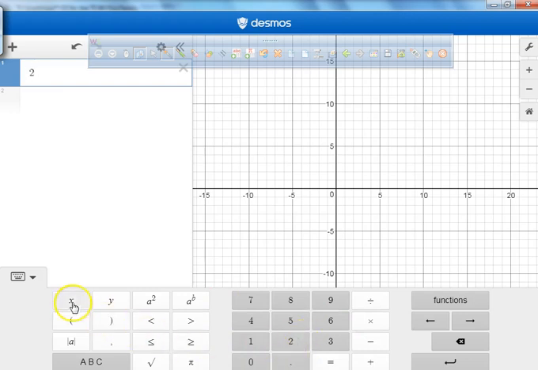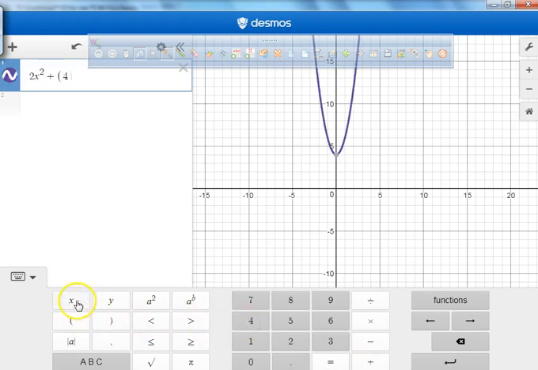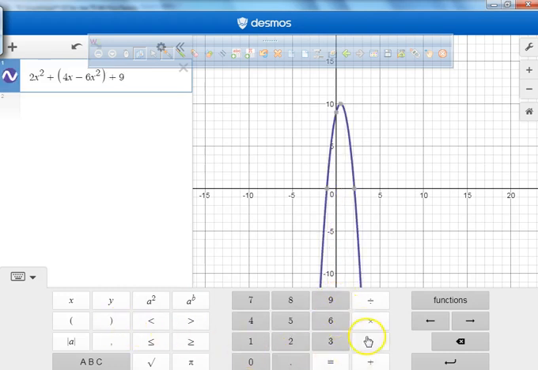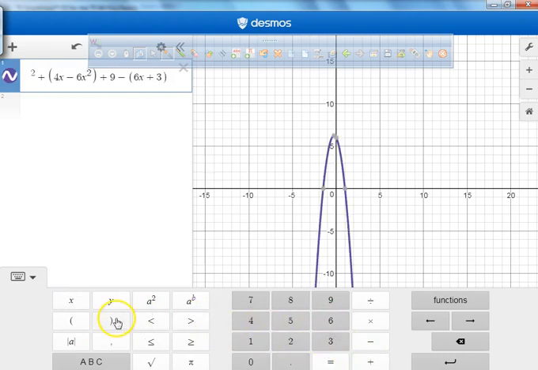It said 2x squared plus, open parentheses, 4x minus 6x squared, close parentheses, plus 9 minus, open parentheses, 6x plus 3. And I'm going to close the parentheses.